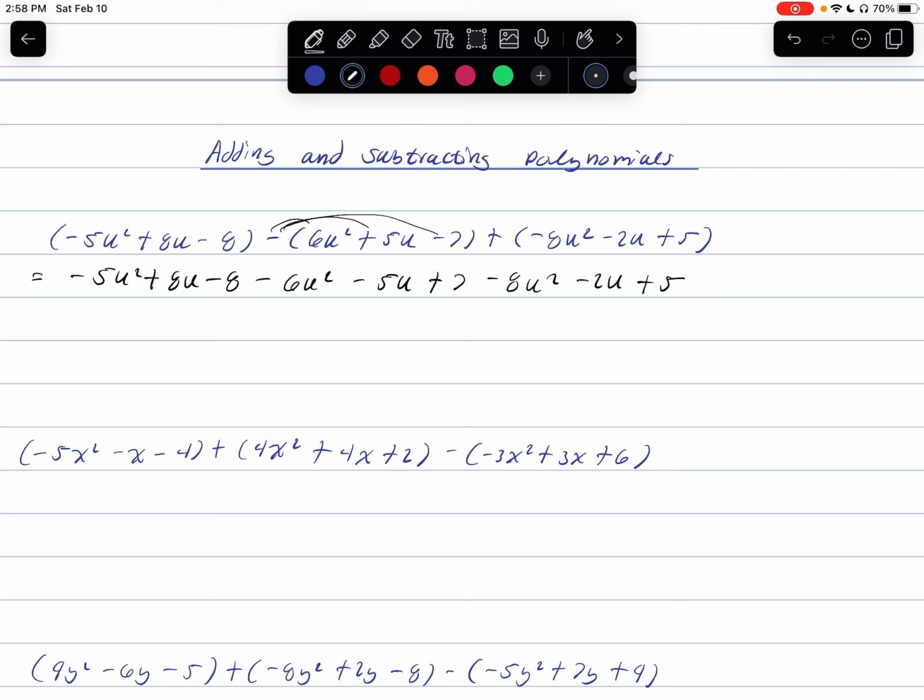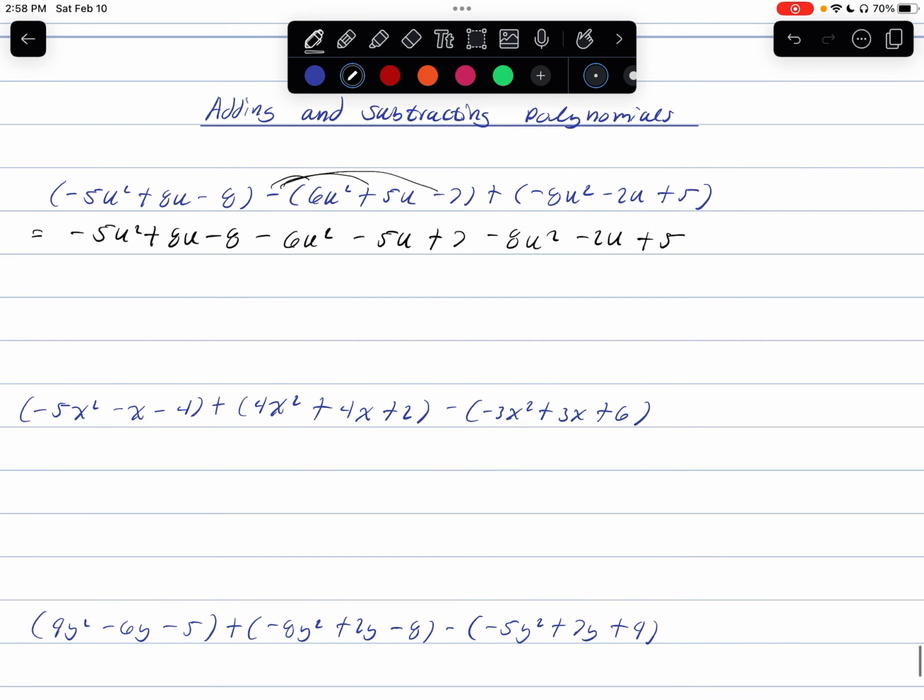So the first thing that we're going to do is find all of the terms that have an exponent of 2. So all of the u squared terms. And there are 3 of them here. So if we take all of our u squared terms, we'll have negative 5u squared minus 6u squared, and then we'll have minus 8u squared.